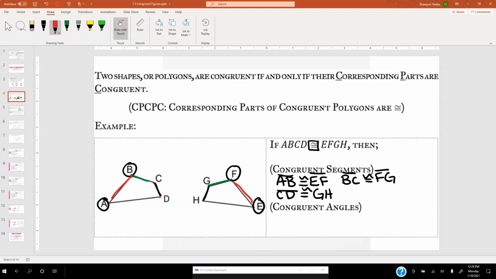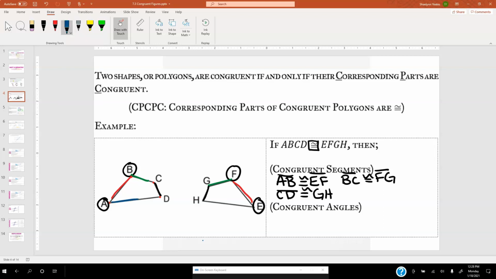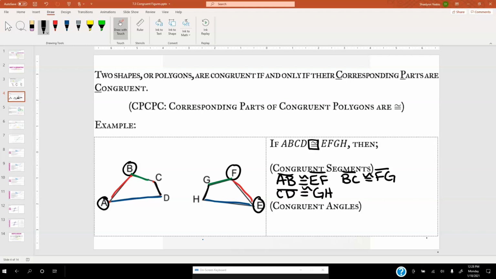Now we've got to do the last one. So it'll be AD and HE. Or we'll actually do it correctly. We'll do DA is congruent to EH.